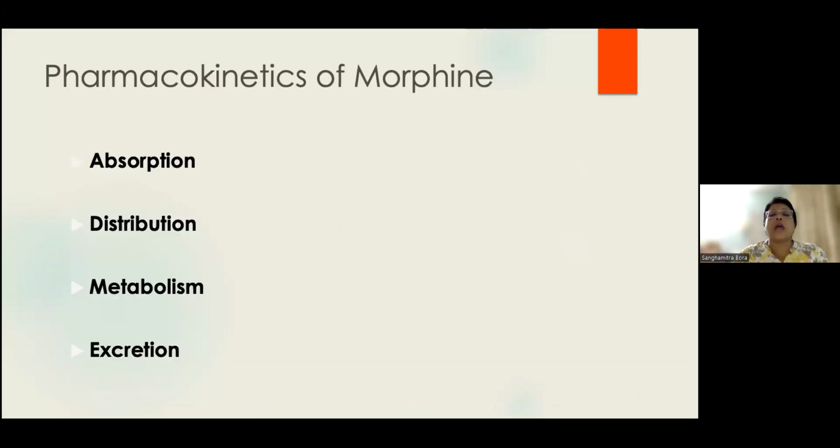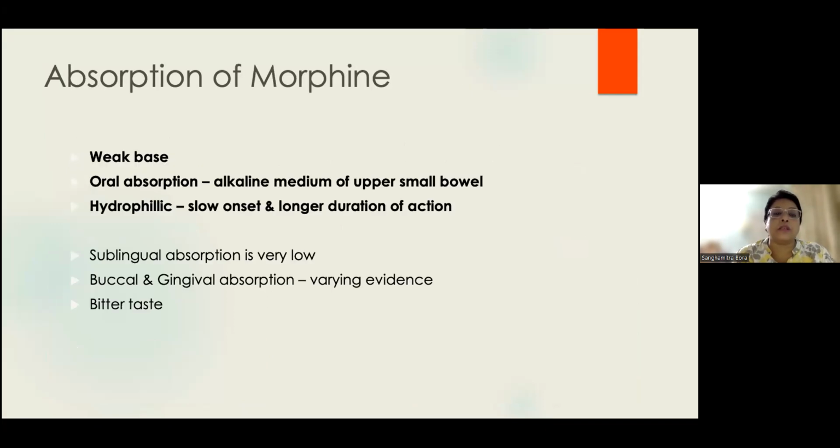So if we know a little bit about the pharmacokinetics of morphine, then maybe we'll be able to answer that question. Morphine is a weak base. It is absorbed very nicely in the alkaline medium of the upper small bowel. And since it is hydrophilic, it has a slow onset of action but a longer duration of action.